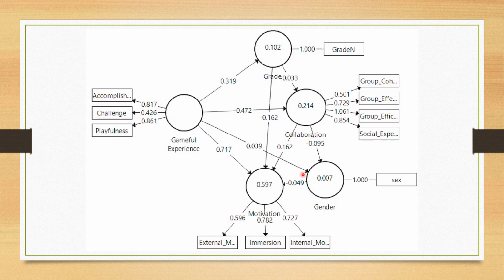So we do have some big variables, and we have different connections here, so we can see there's a lot going on in terms of what gameful experience is impacting. We can also look at what are called indirect effects. Starting over here at gameful experience, we can go up to grade, and then we see that grade is connected to motivation down here, and it's also connected to collaboration.